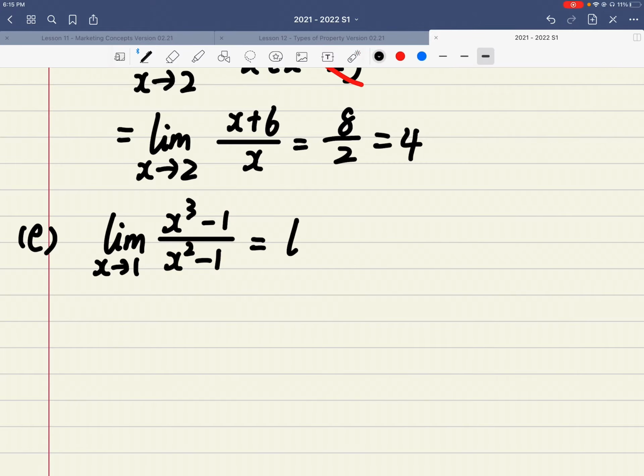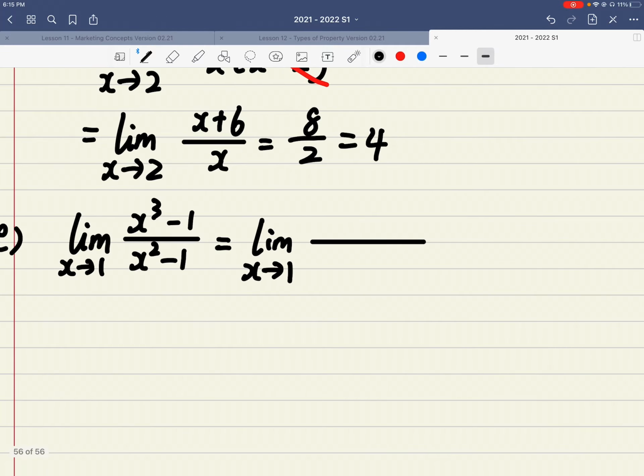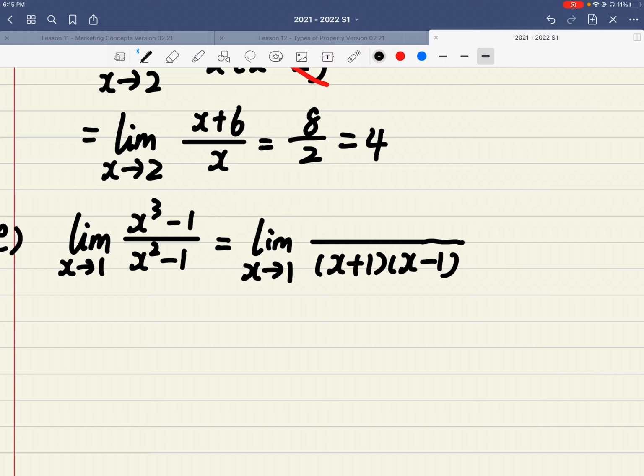So it's going to be 0 over 0. It doesn't make any sense. So what you can do is rewrite the bottom as x minus 1 times x plus 1, and the top as x minus 1 times x squared plus x plus 1.